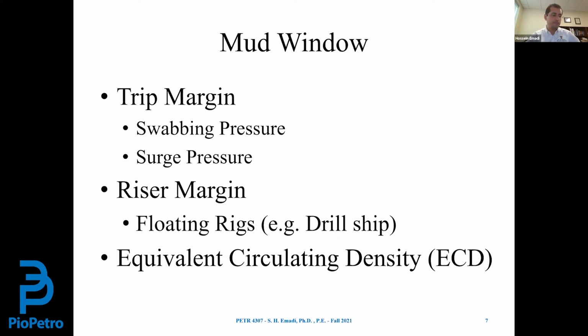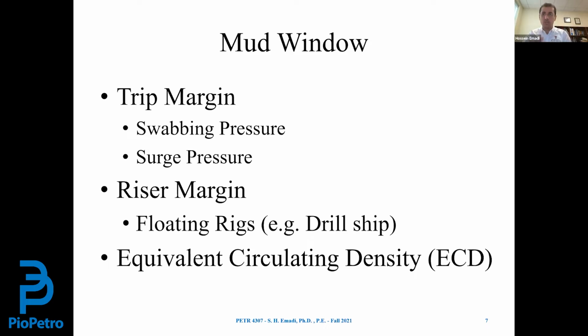The simplistic definition of ECD is, when we're drilling, what is the weight of the mud we're drilling with. Let's say the well is in static condition, meaning the operation has not started yet, so we have the drilling mud and the bottom pressure is equal to hydrostatic pressure.